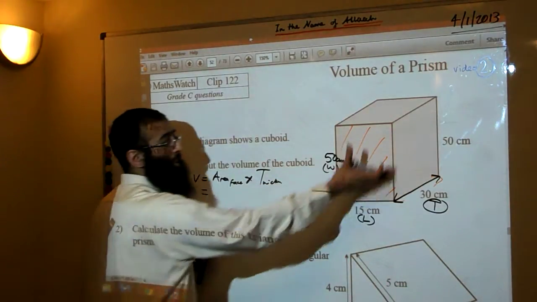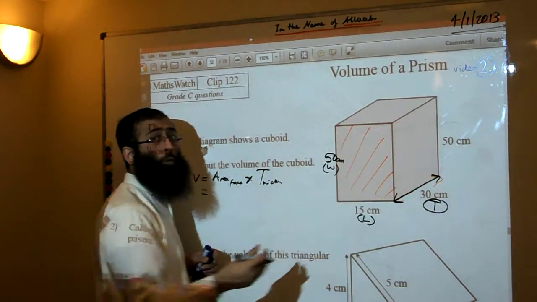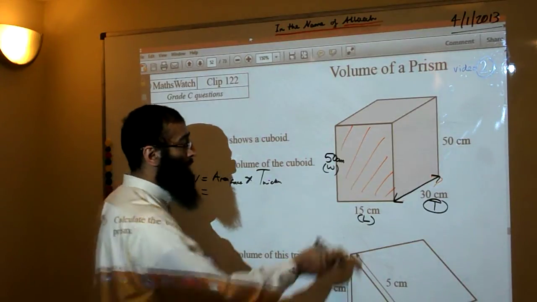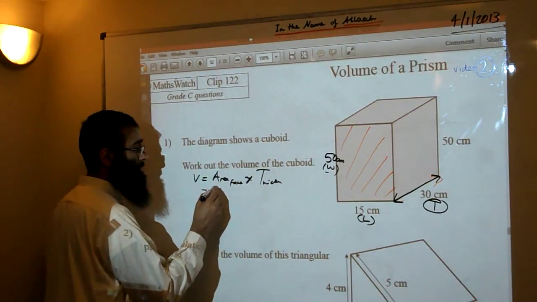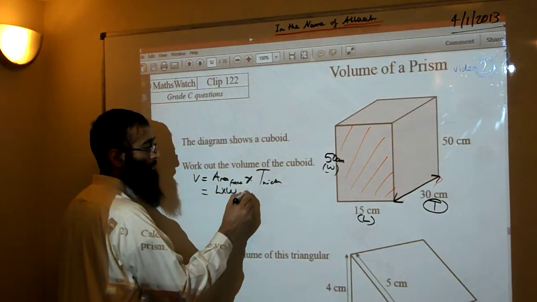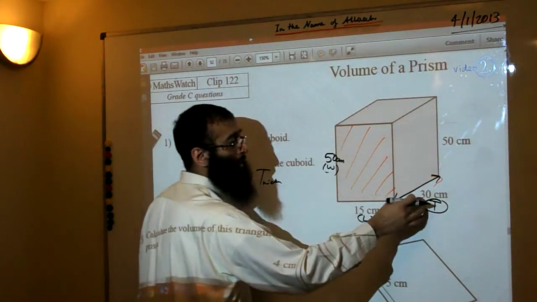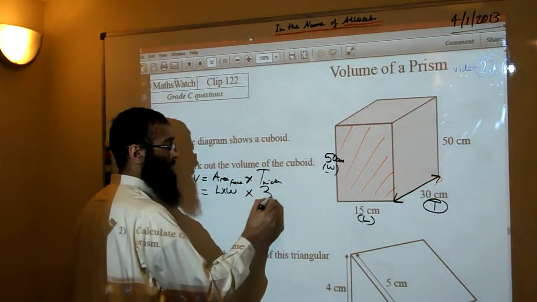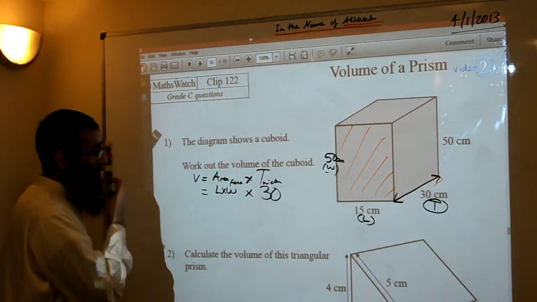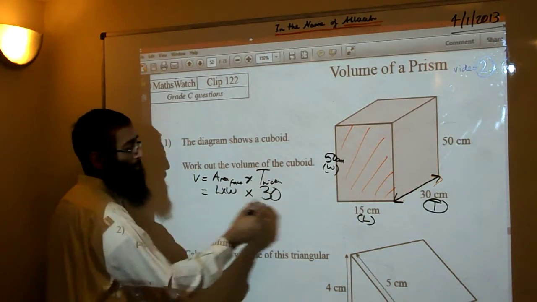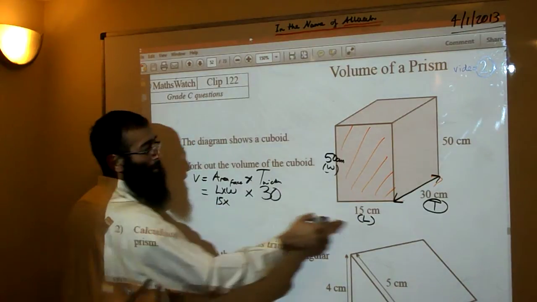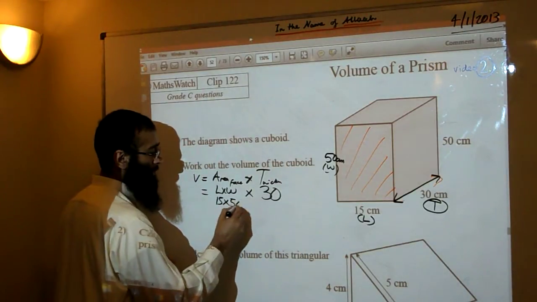This face is rectangular, so the formula for the area of a rectangle is length times by width, times by the thickness. The thickness is 30. The length is 15 and the width is 50.